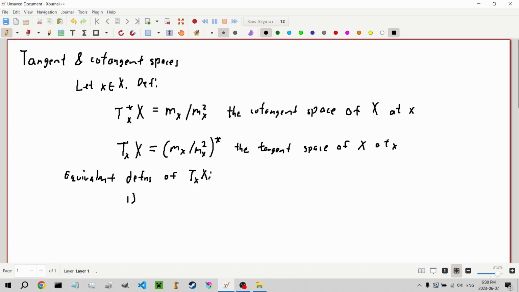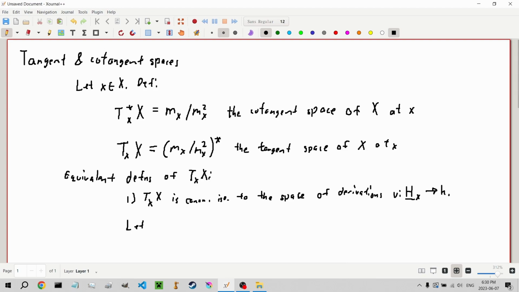First off, the tangent space of X at x is canonically isomorphic to the space of derivations on our class of germs of functions, sending them to elements of k.